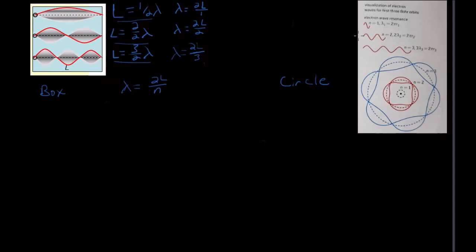Now Schroedinger came along, and you look over here, and you see that he wrote what the wavelengths are for a circle, a wave that's in a circle form, basically. All right, it is 2 pi r for wavelength 1, for wavelength n equals 2, it's 2 pi r2, and for wavelength 3, it's 2 pi r3.